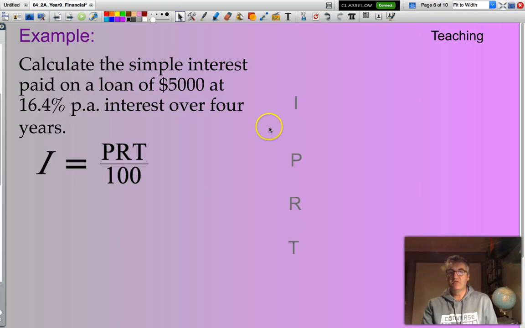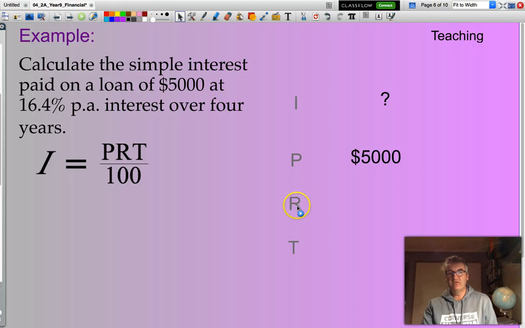Let's look at the values I have here. I is what I'm being asked to calculate. Let's have a look at the knowns. The principal is how much money is being borrowed, because it is a loan. We are lending $5,000.